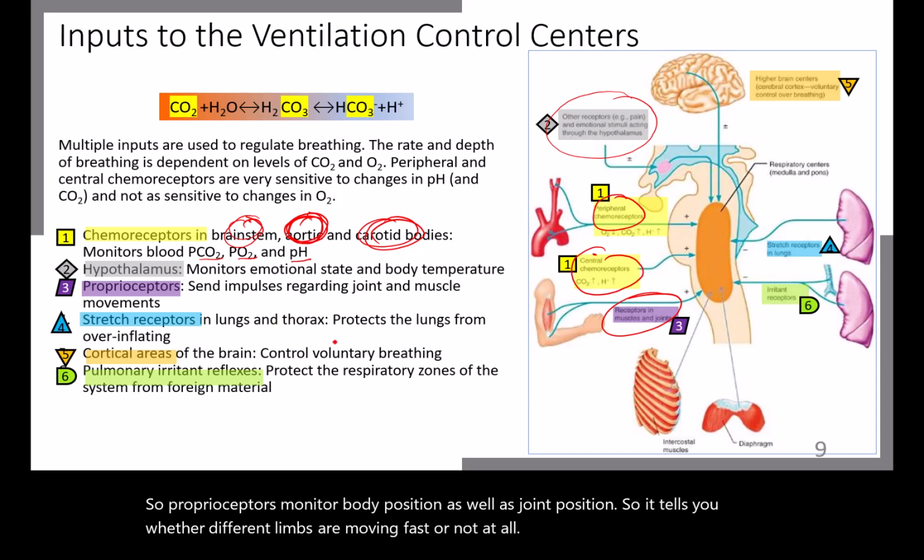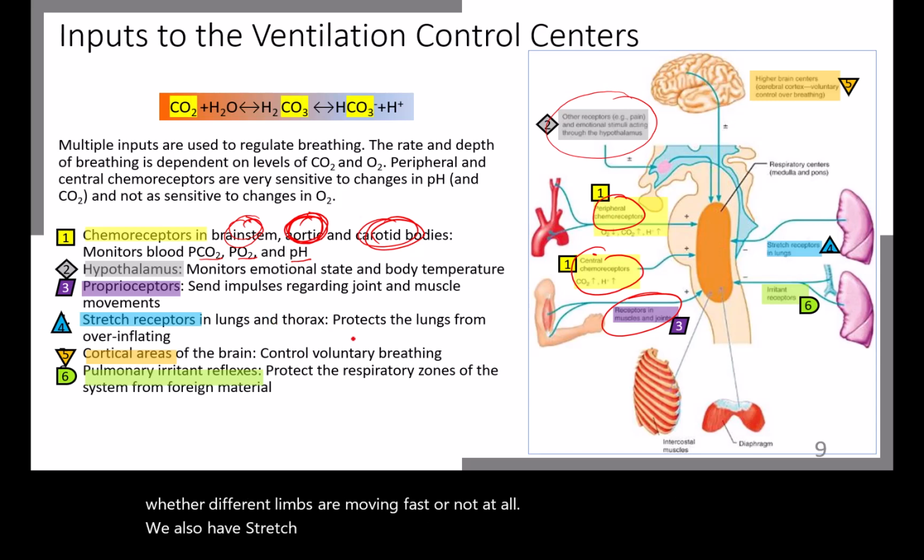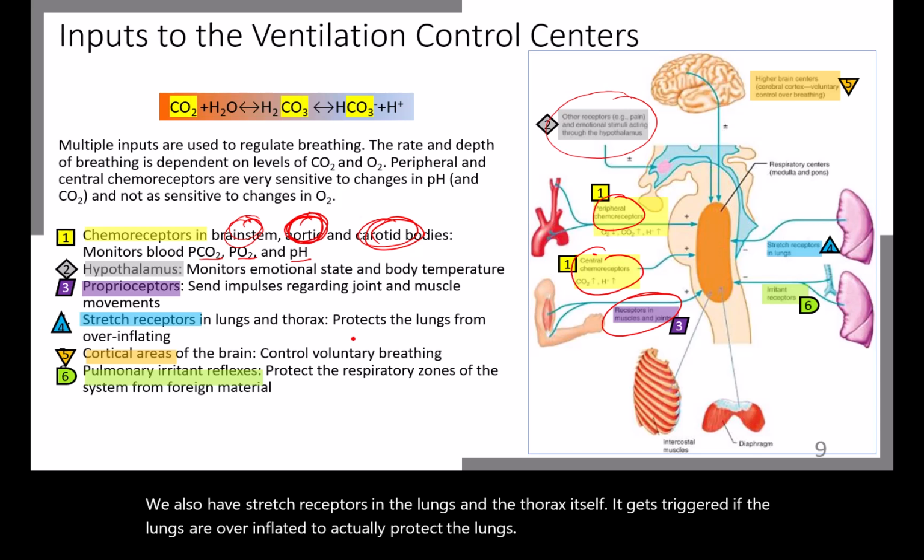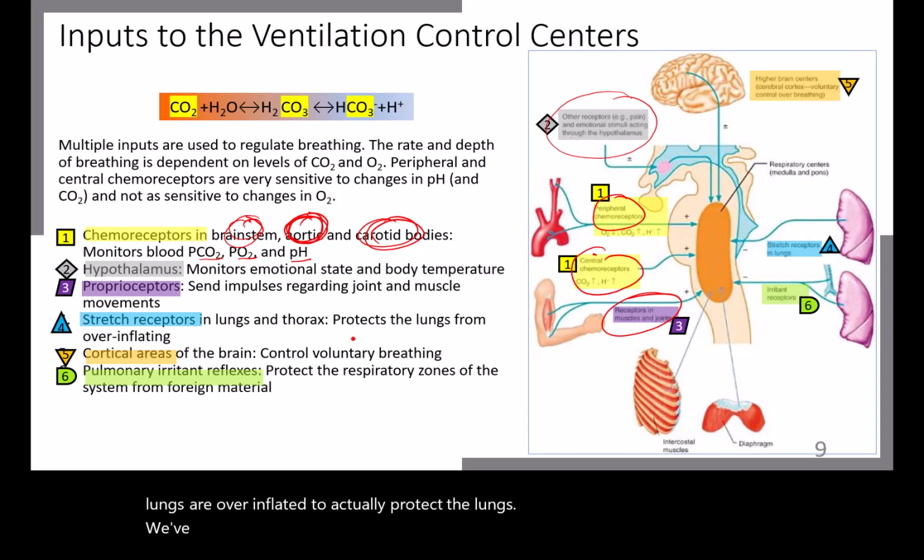We also have stretch receptors in the lungs and the thorax itself. It gets triggered if the lungs are overinflated to actually protect the lungs. We've got cortical areas in the brain, in the cerebral cortex, that control voluntary breathing.